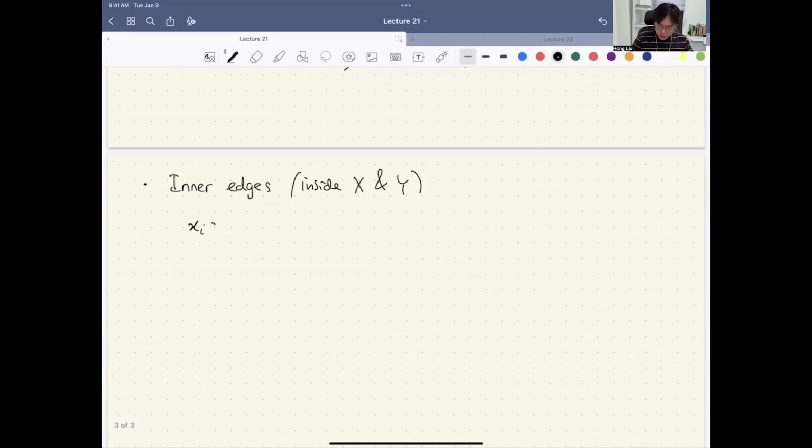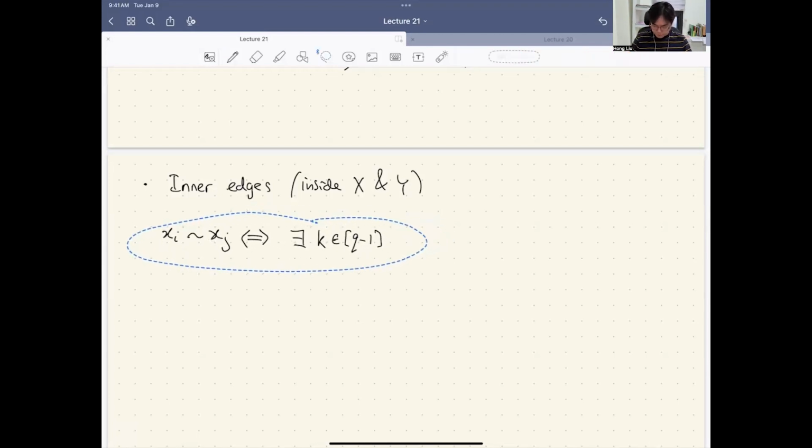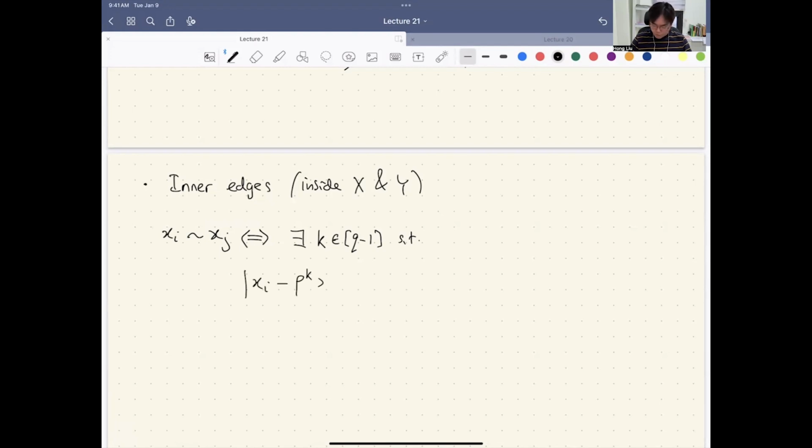Between xi and xj we put an edge if and only if there exists some rotation, which is a power of the primitive root rho, such that if you rotate xj by this angle, you get roughly xi. That is, such that xi minus rho^k xj is small.